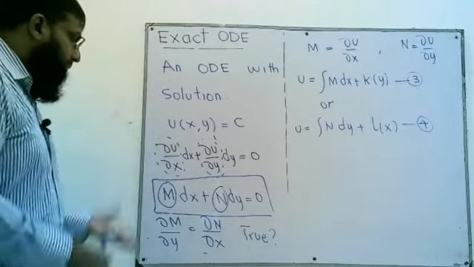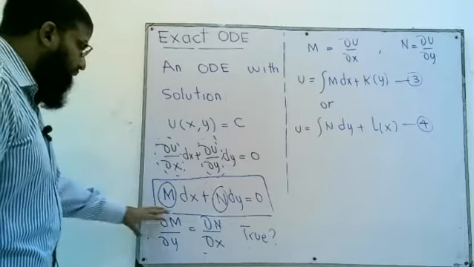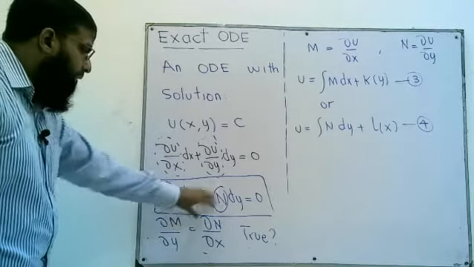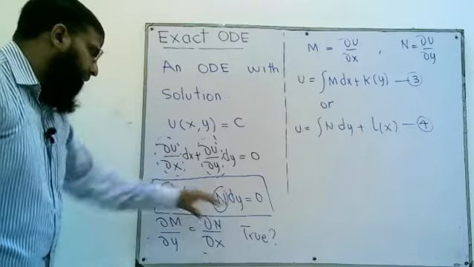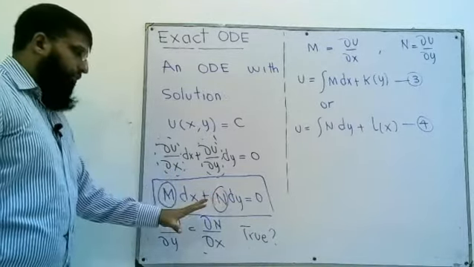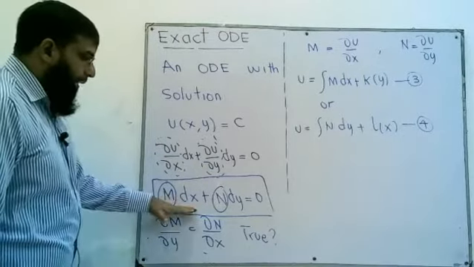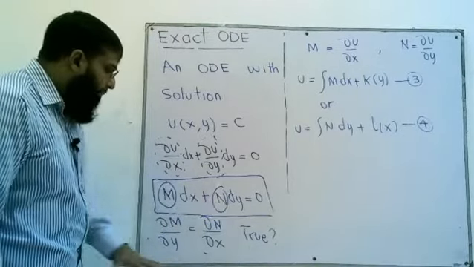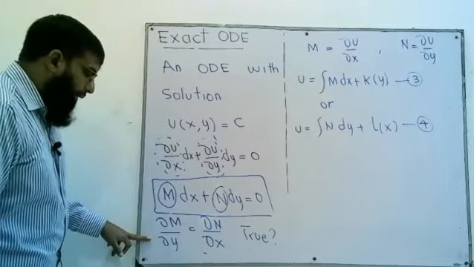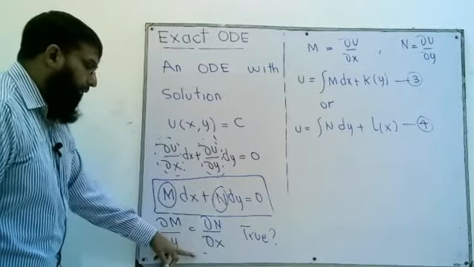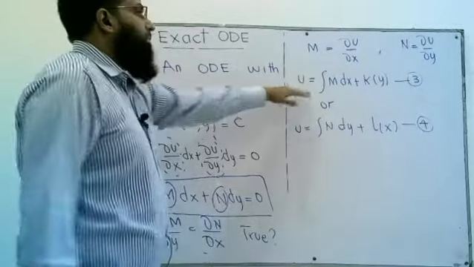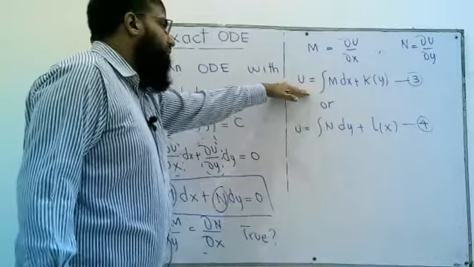So the steps are, given an equation like this, where we have a function being multiplied with dx and a function being multiplied with dy. M can be a function of x and y, N can also be a function of x and y. M is multiplied with dx, N with dy. You have to check the necessary and sufficient condition by differentiating M with y, N with x, and if it is true, you'll say it's an exact type of equation, and this is the solution, either this or this.